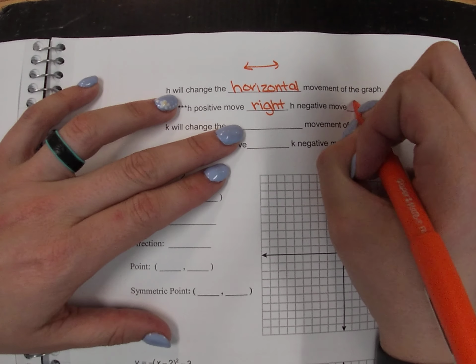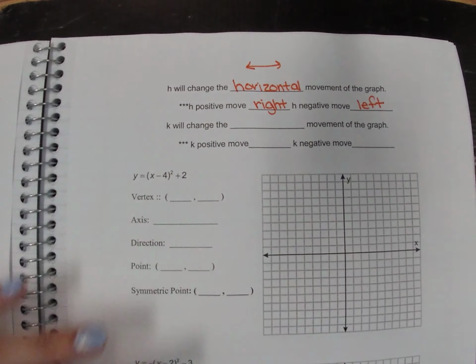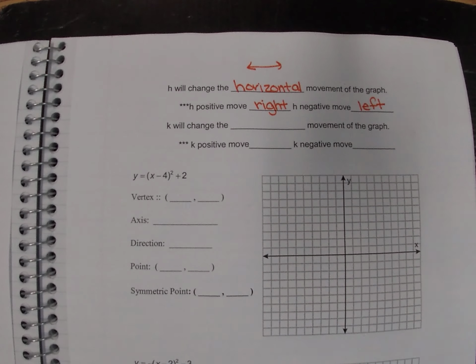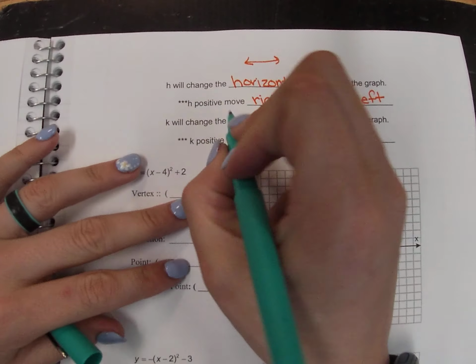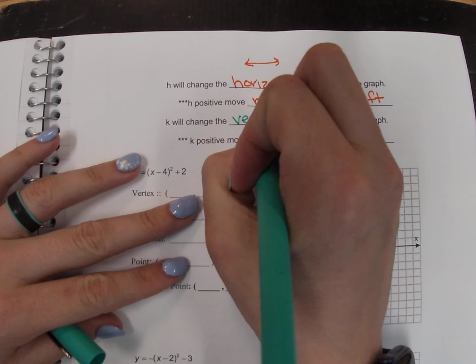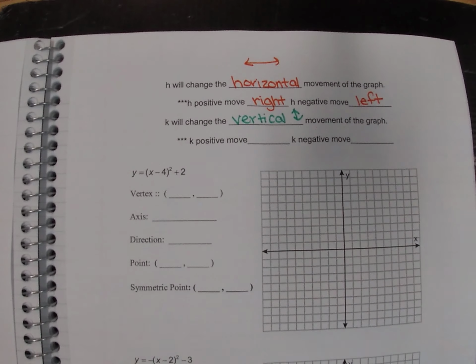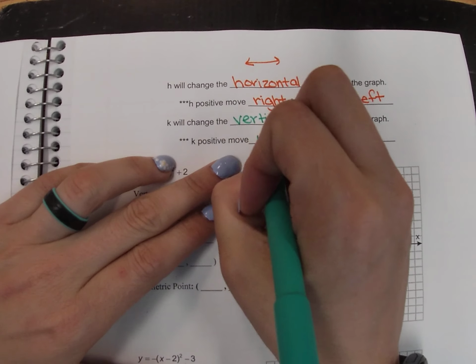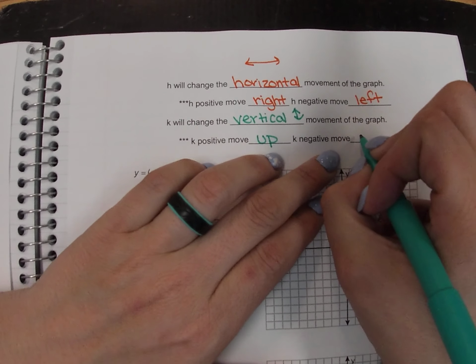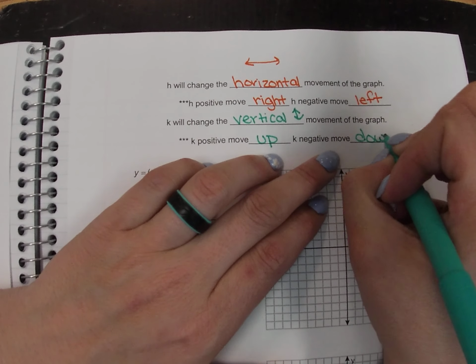And if h is negative, we are going to move left. Now, k is going to change the vertical movement of the graph. So it's going to change how much the graph moves up and down. If k is positive, we are going to move up. And if k is negative, we are going to move down.